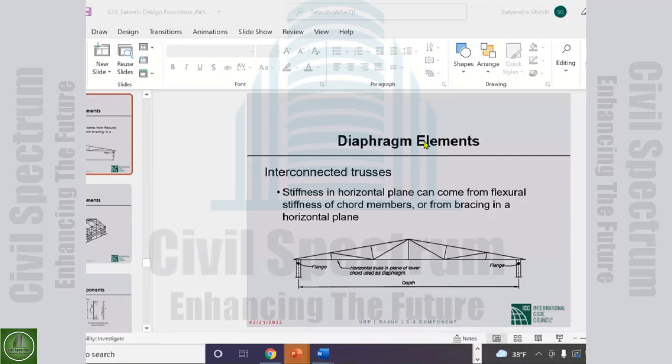Whether you consider whatever lies below, it depends on where your base is. Base is defined in ASCE 7, and I'm sure it's in BNBC, as where earthquake ground motion is assumed to be imparted to the structure. It is up to the engineer to decide that.